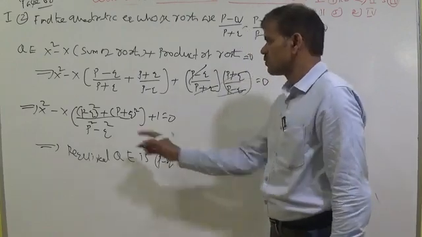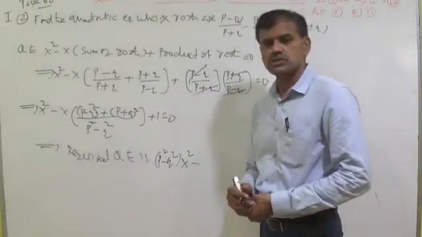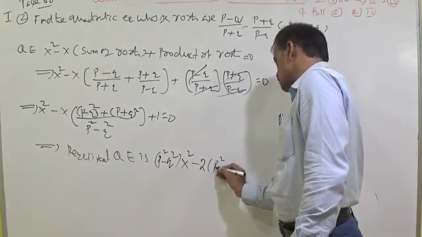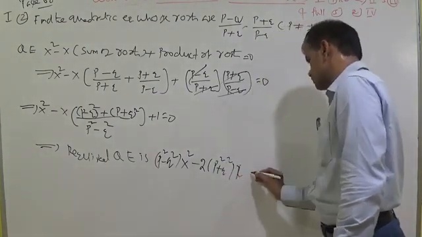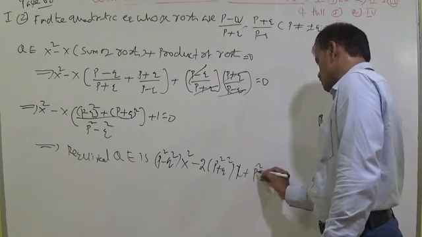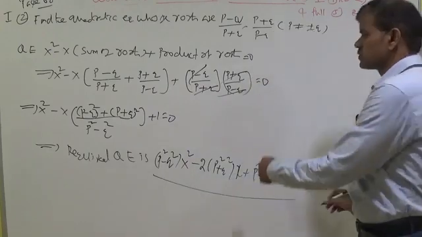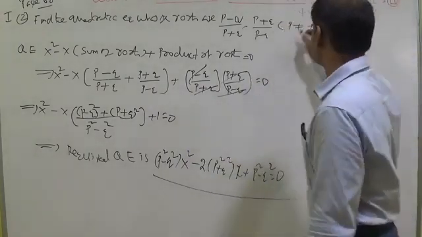We can use the formula a plus b whole square plus a minus b whole square is 2 into a square plus b square. So you can write here 2 into p square plus q square into x plus, at last by taking LCM, we get the value p square minus q square equal to 0. This is the required quadratic equation.